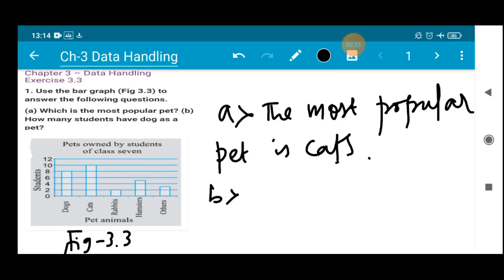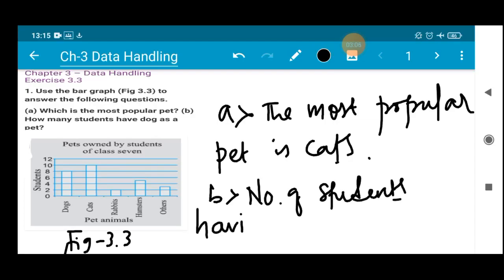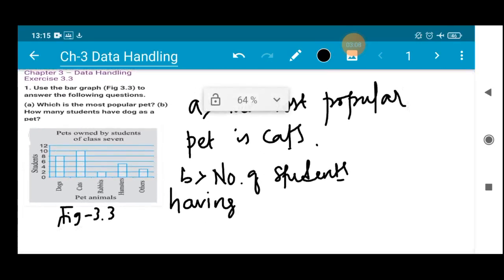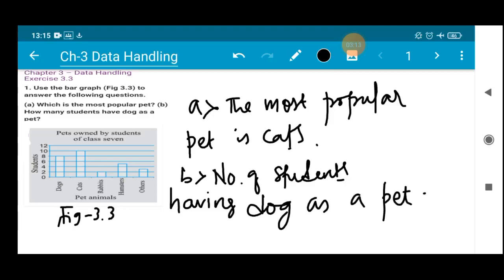Part b: how many students have a dog as a pet? So the number of students is 8. You will write: number of students having a dog as a pet is equal to 8.